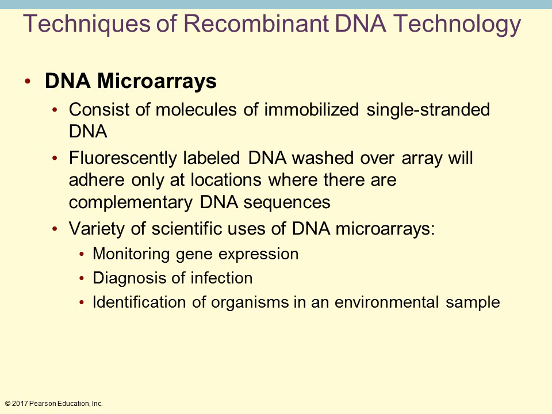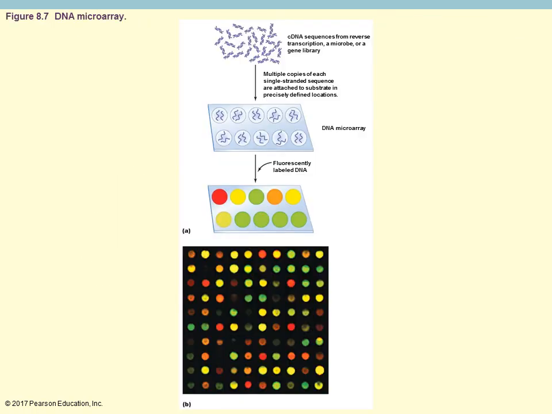You can use this for diagnosis of infection, and you can also use it for identification of certain microorganisms, especially if you're using environmental samples where it's sometimes hard to isolate them. So this diagram shows the use of a DNA microarray where, once again, the DNA is labeled. It's got this fluorescent dye attached to it.